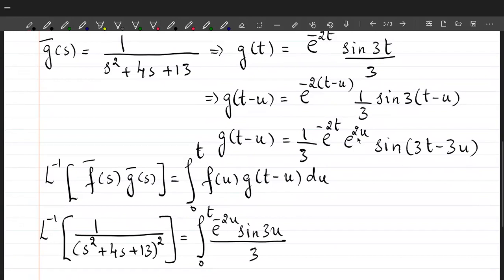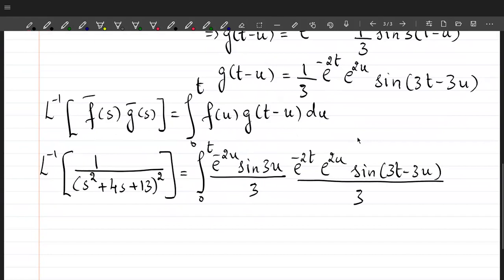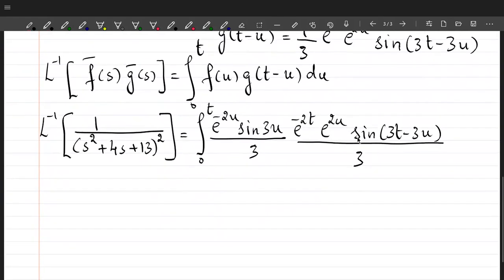And what is g of t minus u? g of t minus u is e power minus 2t into e power plus 2u into sine of 3t minus 3u divided by 3. So as you can see, 3 and 3, that's 9.